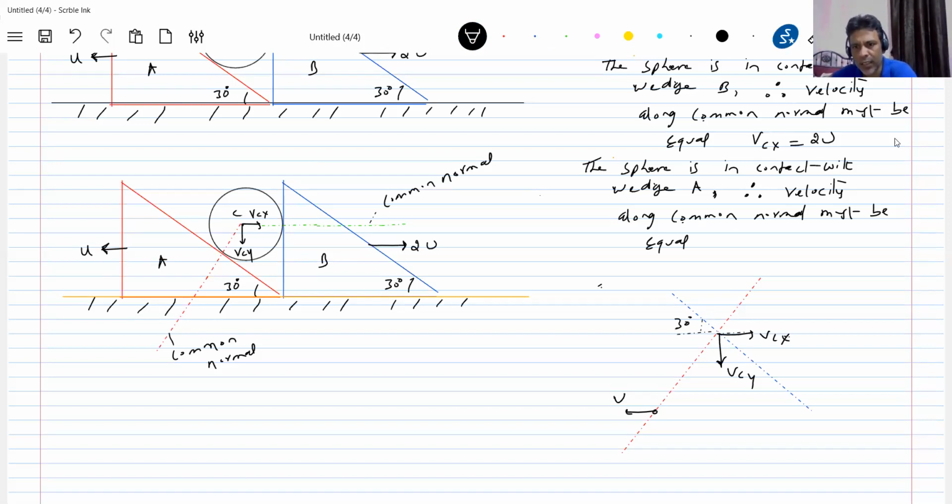If this is 30, this should be 30. This should be 60, perpendicular, 30. This will be 30. And here the velocity, so what is the angle? This should be 30.